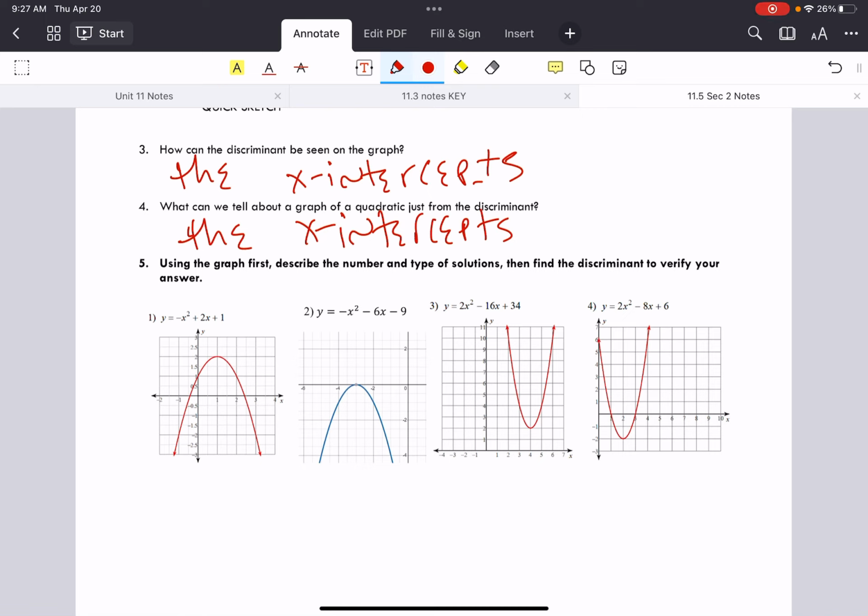So that means my answers are irrational. If my answers are irrational because the x-intercepts aren't whole numbers, then what type of discriminant? Positive, non-perfect square. Good.